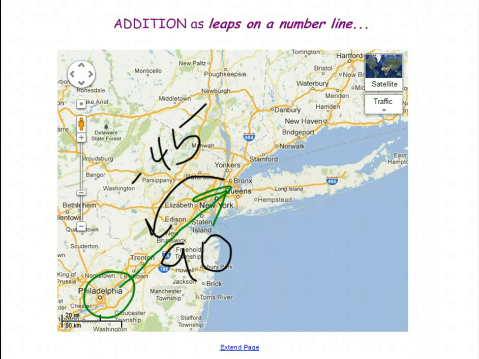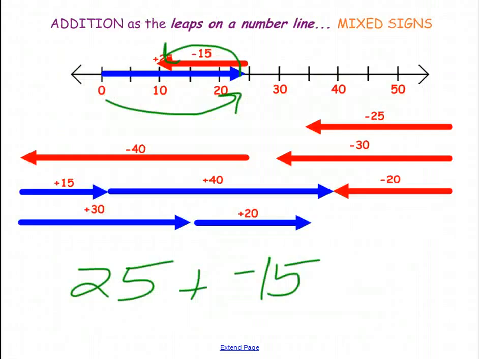So the idea of adding integers together on a number line when they have mixed signs has to be the same thing. If we've gone 25 units in the positive direction, jump back 15. We're not going to go all the way back to 0 because 15 is less than 25. But we will move backwards, and in this case, to 10.